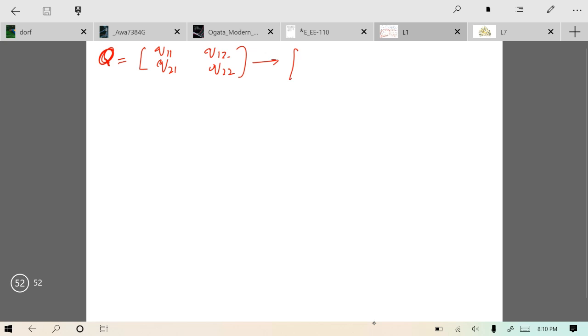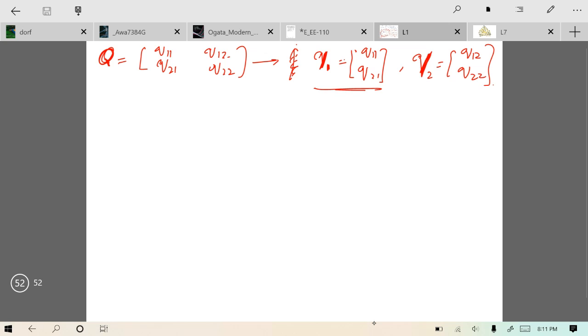I can write it as composed of two vectors, vector q1, which is q11, q21, and a vector q2, which is q12 and q22.